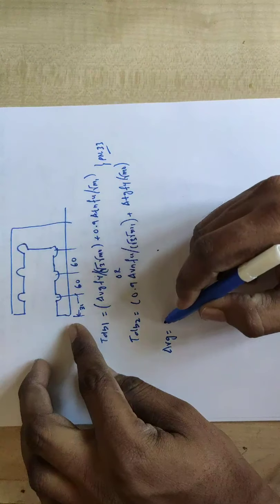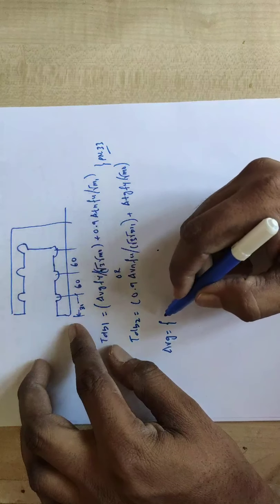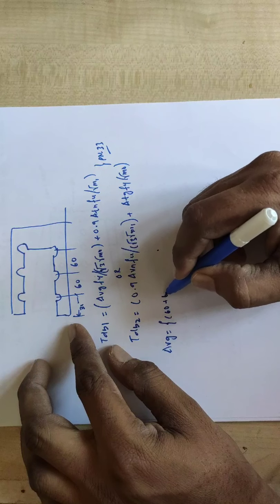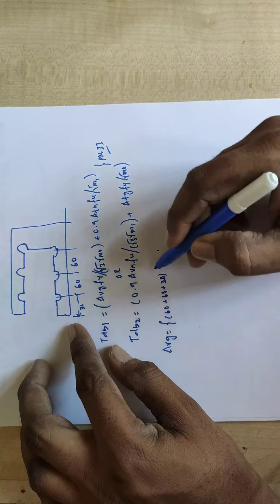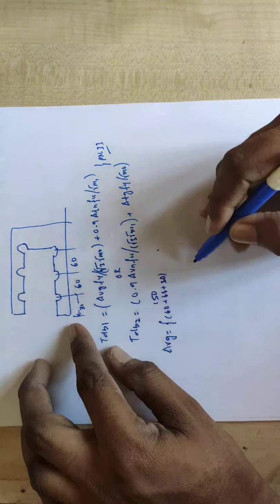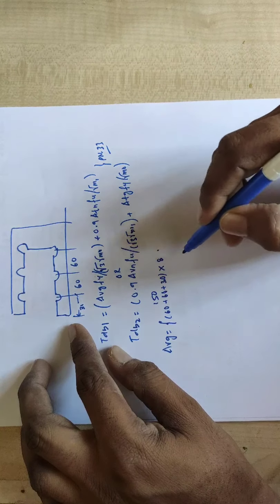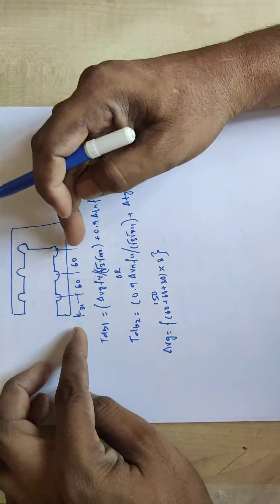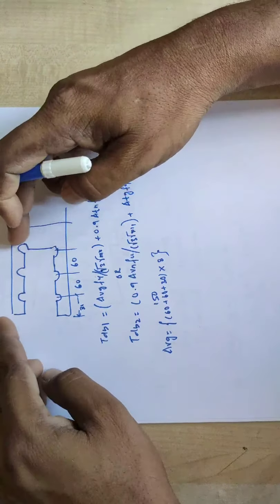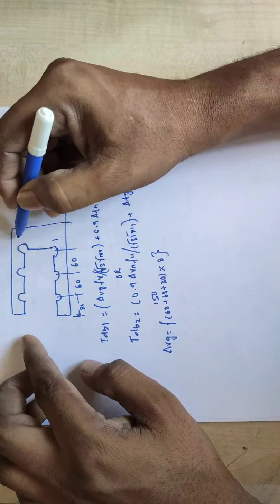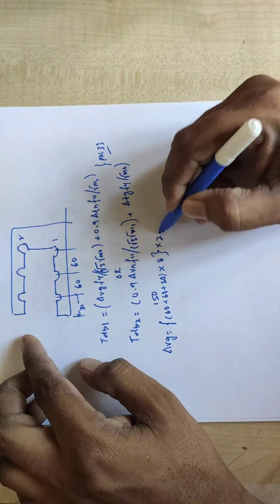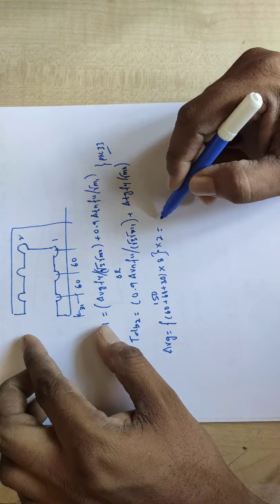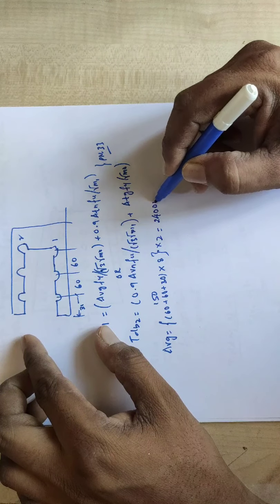So we add 60 plus 60 plus 30, a total of 150, and multiply with the thickness. But here we have two planes, the first and the second, so we multiply with 2. The total area we get here is 2400 mm square.